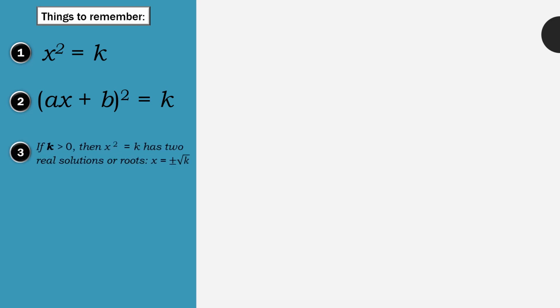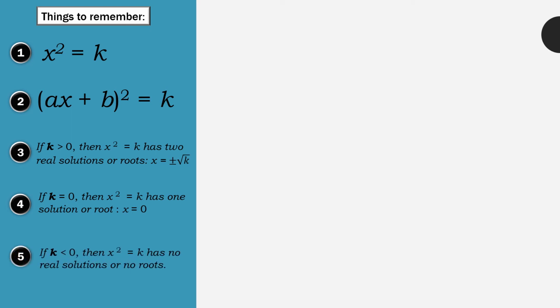Ingon niya ganina, if k is greater than 0, you have two solutions. If k is equal to 0, you only have one solution, which is x is equal to 0. And if k is less than 0, which is mga negative numbers, then you have no solution. Okay? Let's proceed.